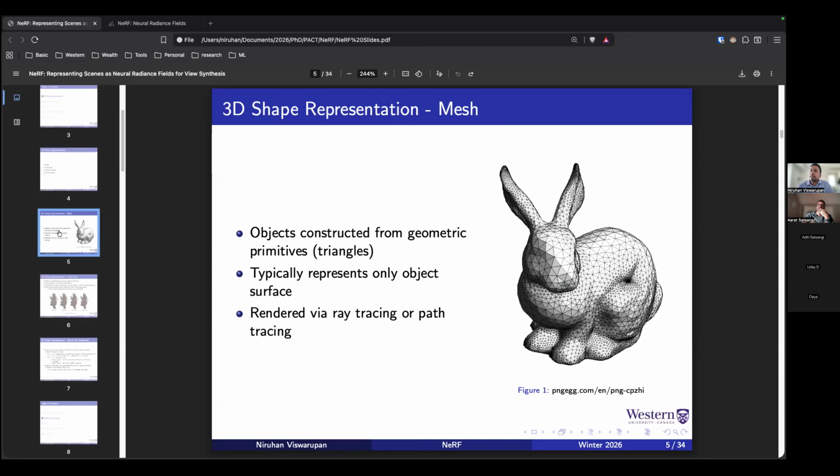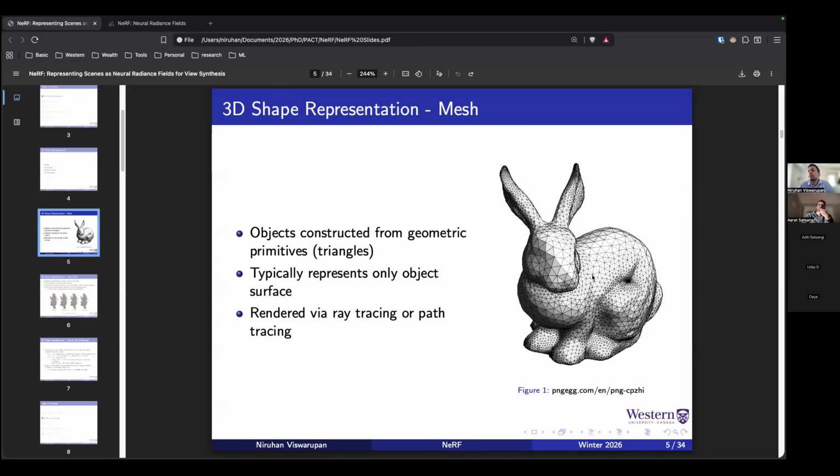Yes, true. I'm not a rendering expert, not a graphics expert, but here also, if you look at this region between the legs, it has finer details. It requires a lot more triangles. So as you correctly mentioned, this would also blow up.